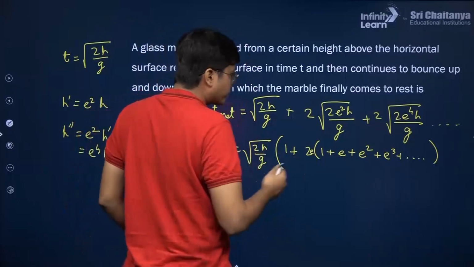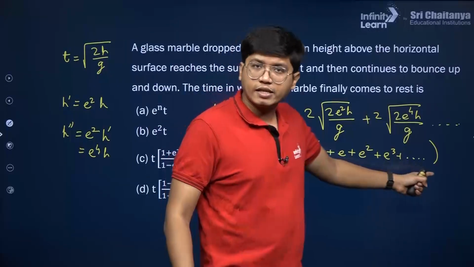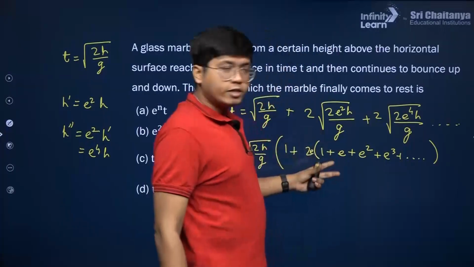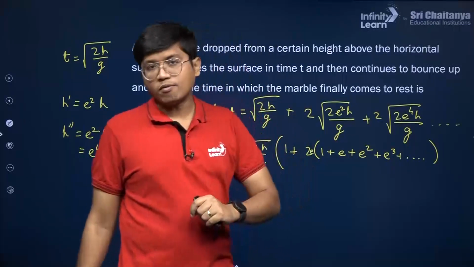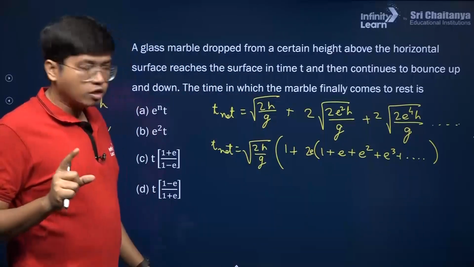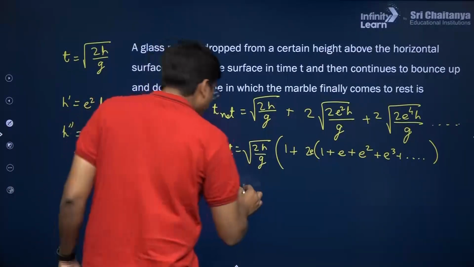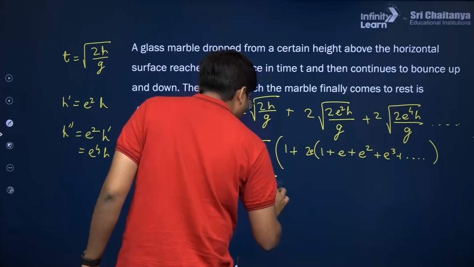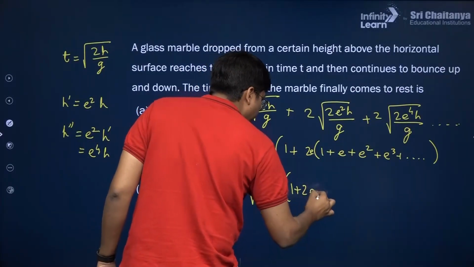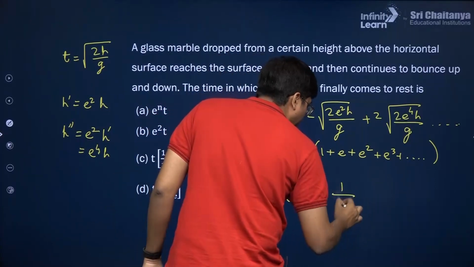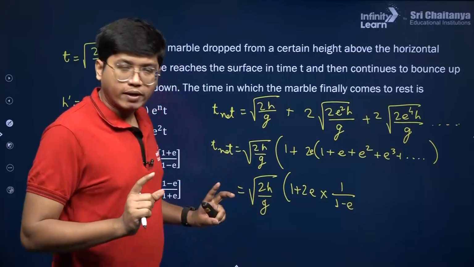Now over here we have this entire setup, which is an infinite series where the common ratio is just e, and that is less than 1. E value is less than 1. So I know the sum till infinity of such a series, it's given by, let's write the other part first, 2h by g into 1 plus 2e into 1 divided by 1 minus e, because e is less than 1.